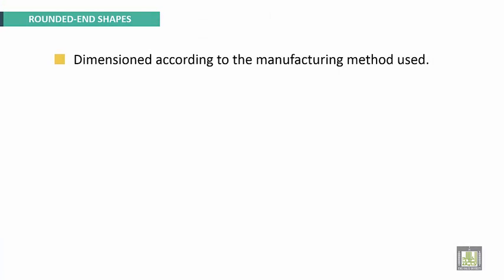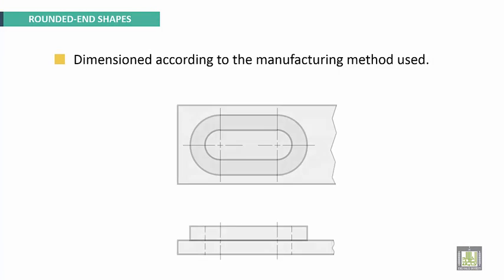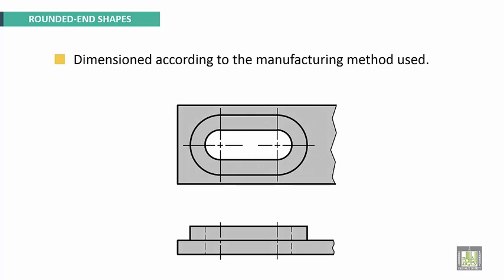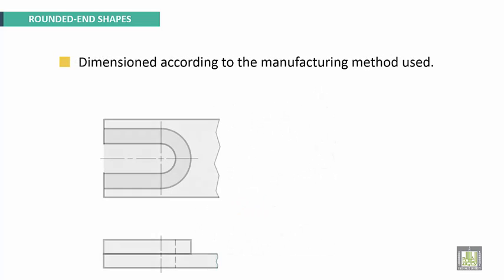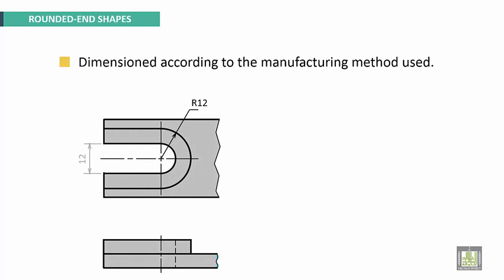Dimension it according also to manufacturing method used. This is another example. Local notes, okay. And center to center distance is specified. Here too.